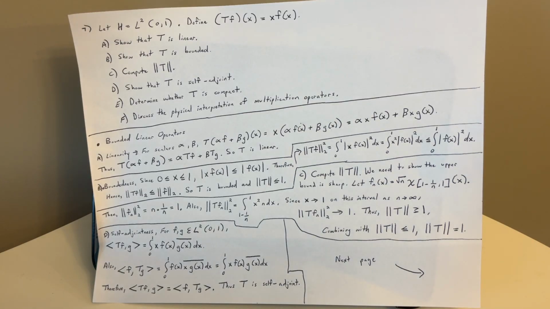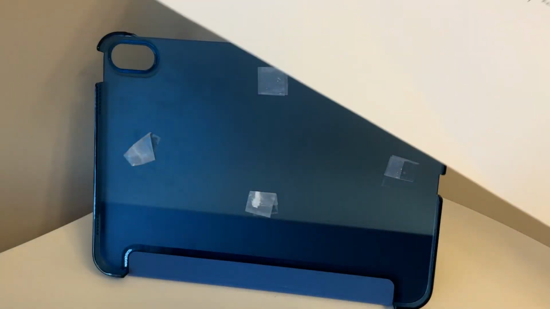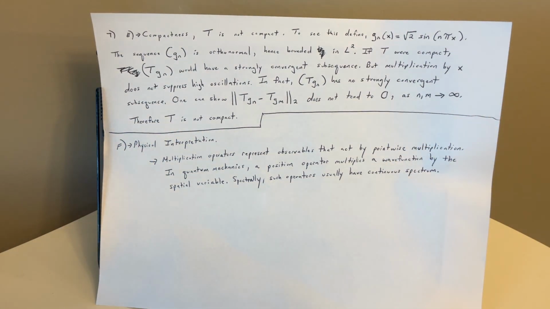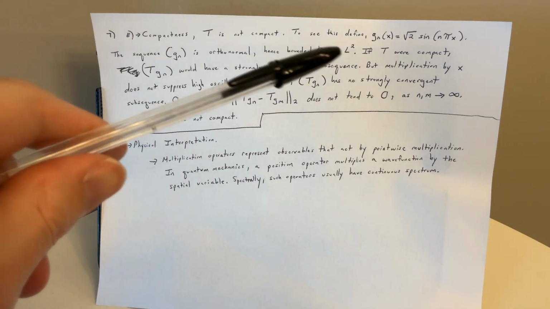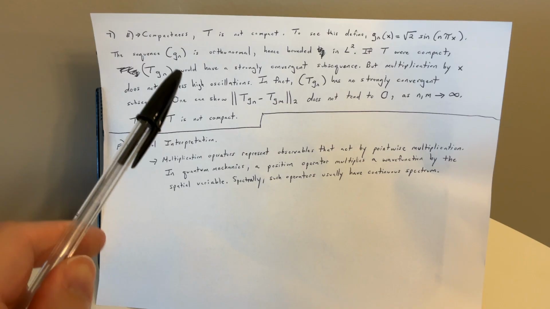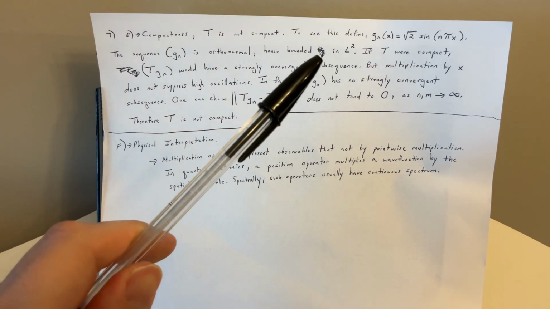Okay, so let's move along to the second page here. Let's see, so determine whether it's compact. T is not compact. To see this, define G sub n of x equals the square root of 2 times sine of n pi x. The sequence G sub n is orthonormal, hence bounded in L2.